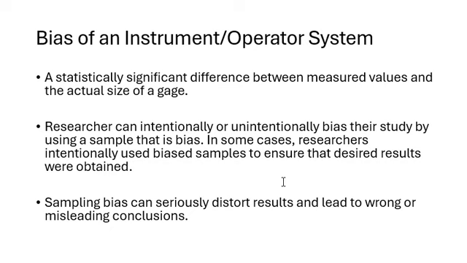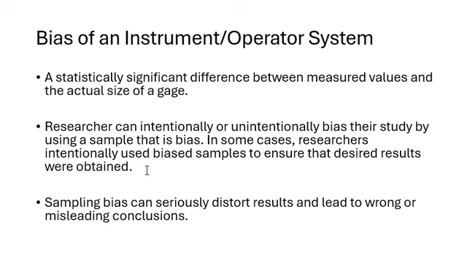They bias their study by using a sample that is biased. In some cases, researchers intentionally use biased samples to make sure that their desired results are obtained. We don't do that. In science, it's very important that you report as you observe, as you noticed, and as you measured.